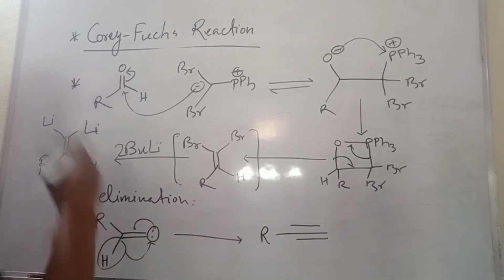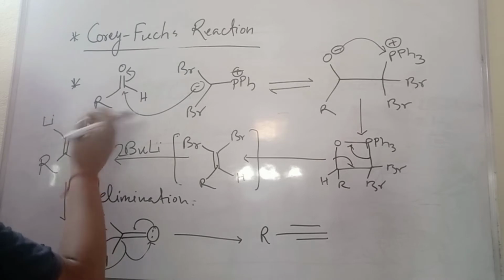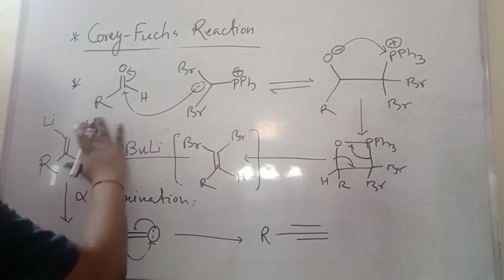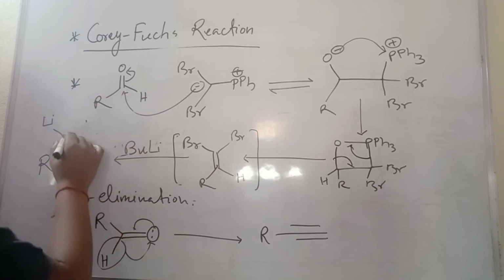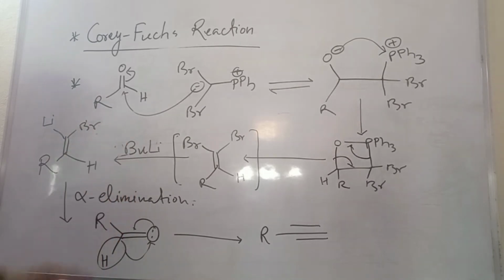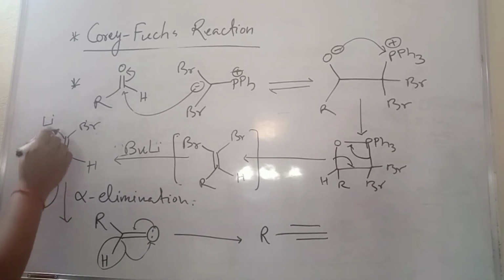If you do not use another equivalent of butyl lithium, then in this previous step only bromo is there. If you use some other electrophile from this step, you can see the other electrophile. So what happened here?